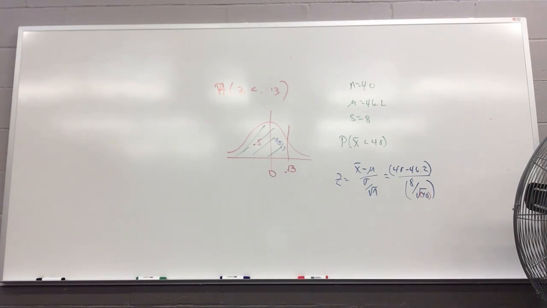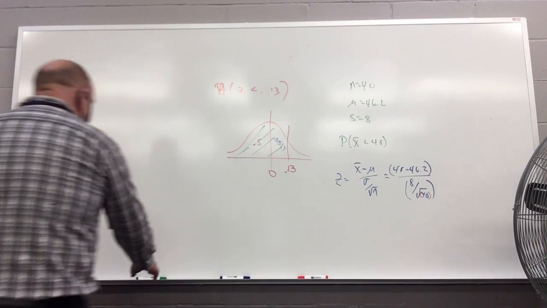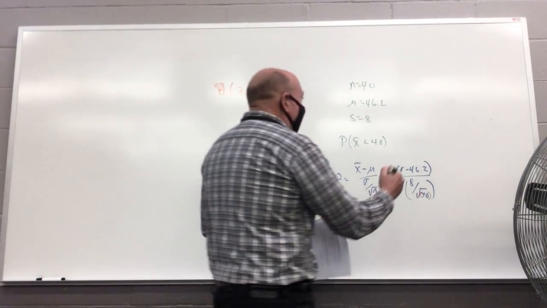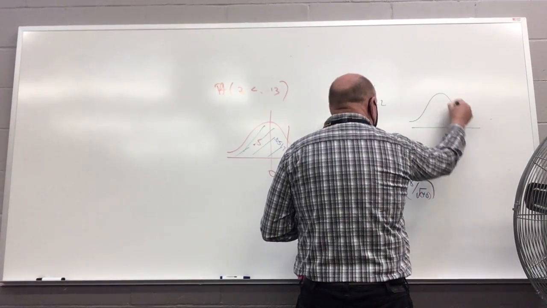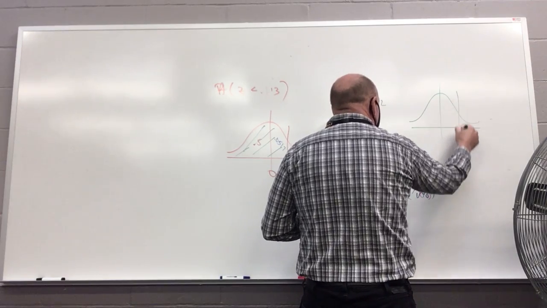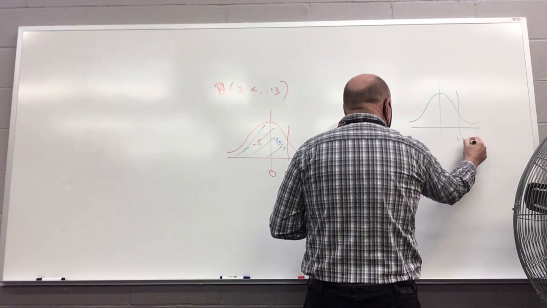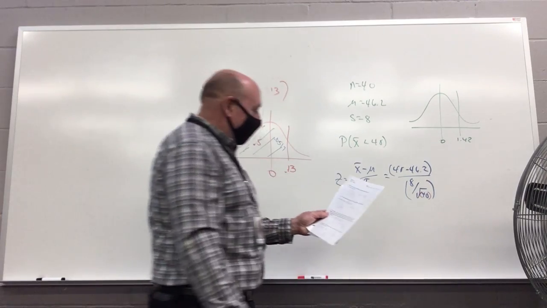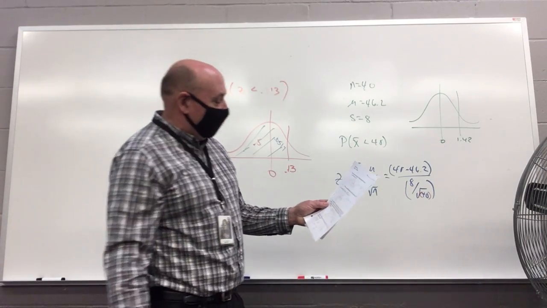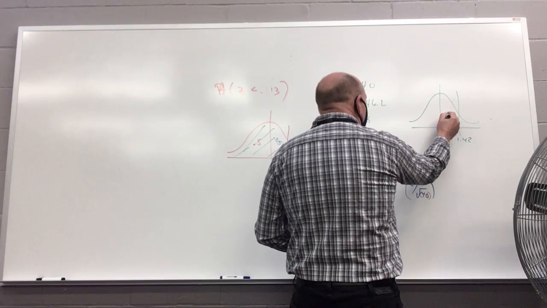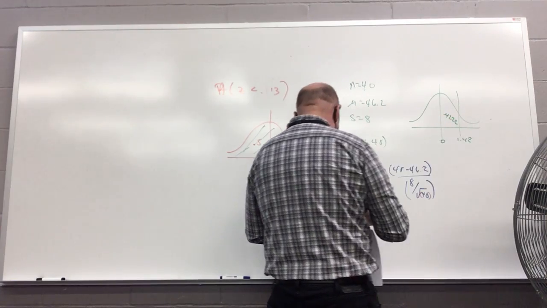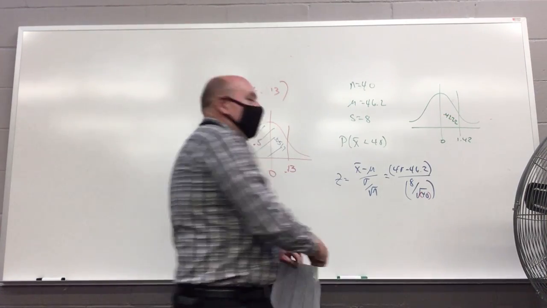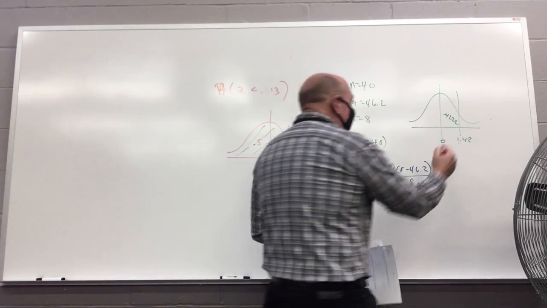Okay, so we're looking for values that are greater than 48. So we're looking at values that are greater than the 1.42. My table value 0.4222. And we are looking for this area out here.